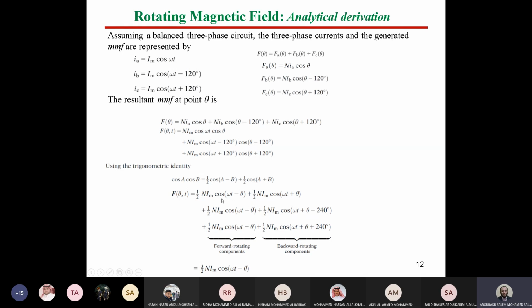However, the summation of the other part will be 3 over 2 N I maximum cosine omega t minus theta. Since the magnetomotive force is a cosine wave function, this means the flux is rotating. And this, Shabab, is the reason for having motion in any AC machine. No AC machine will work without rotating flux. Okay.